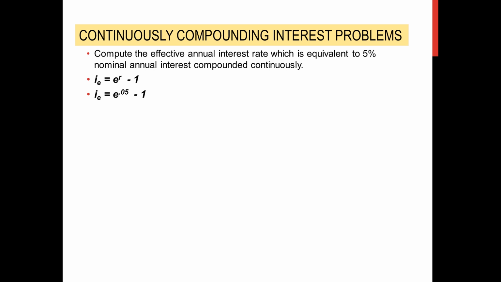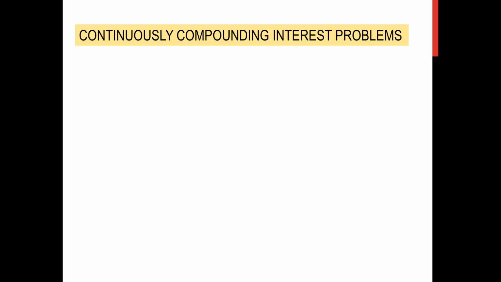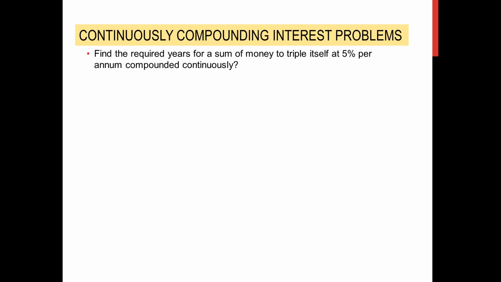So we just substitute the nominal rate 0.05, and then the effective rate of interest will be equal to 0.05127, or that is 5.13%. Okay. So next problem.